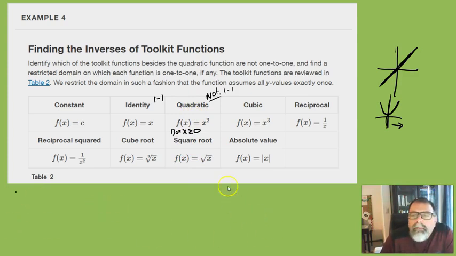And then, cubic, that one is one-to-one. Cubic is one-to-one, passes horizontal, right? Reciprocal, if you remember the reciprocal function, looks like that. That one's one-to-one.